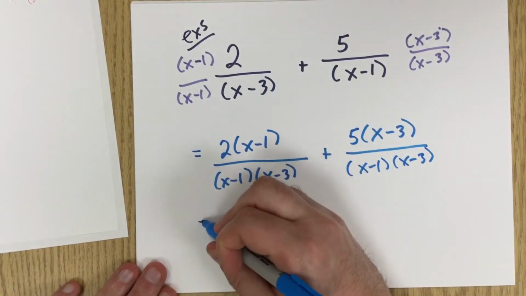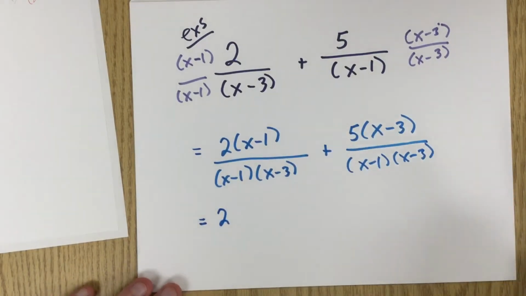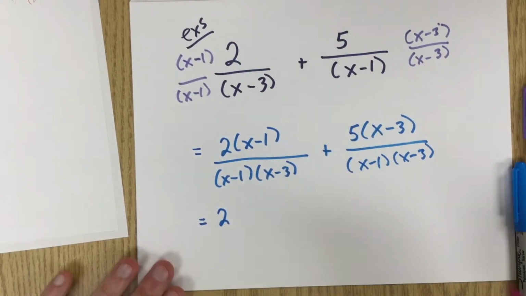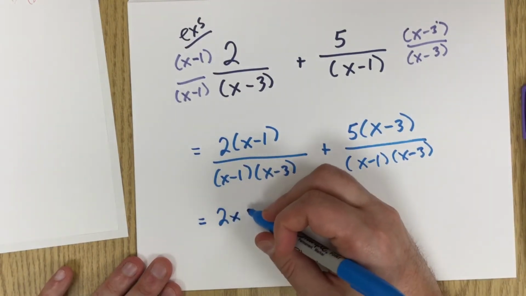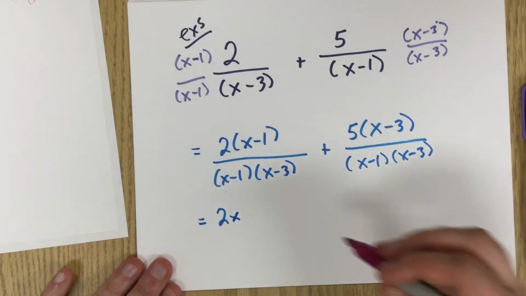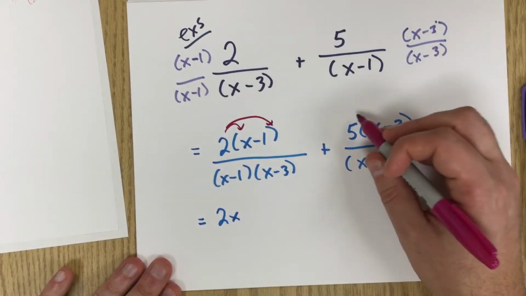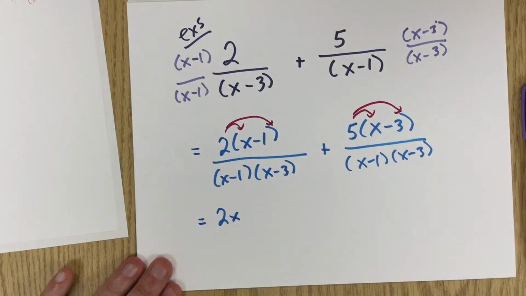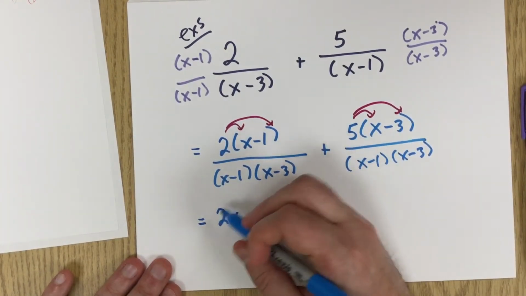So that's going to be equal to, we're going to multiply these in. So that gives us 2 times x is 2x minus 2.